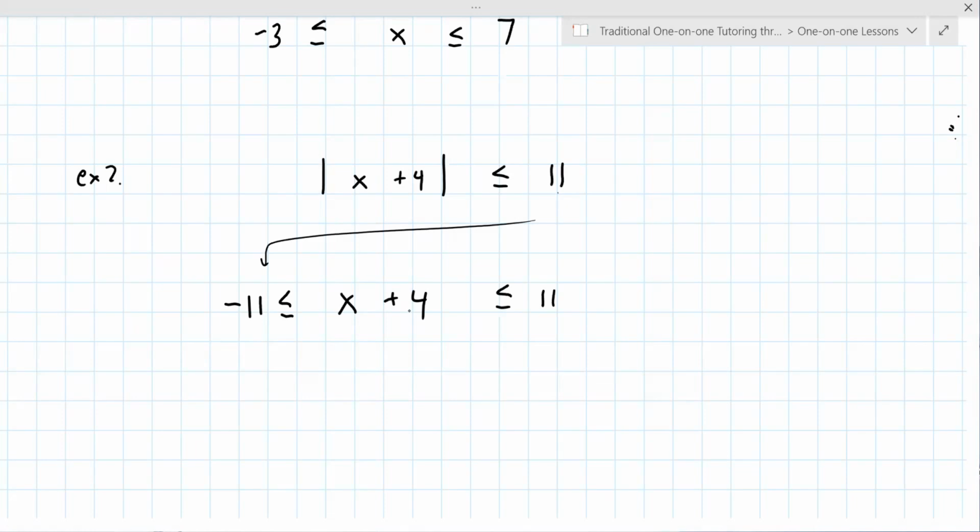So -11 less than or equal to x plus 4 less than or equal to 11. You're going to subtract 4 from both sides because that's how you undo plus 4.